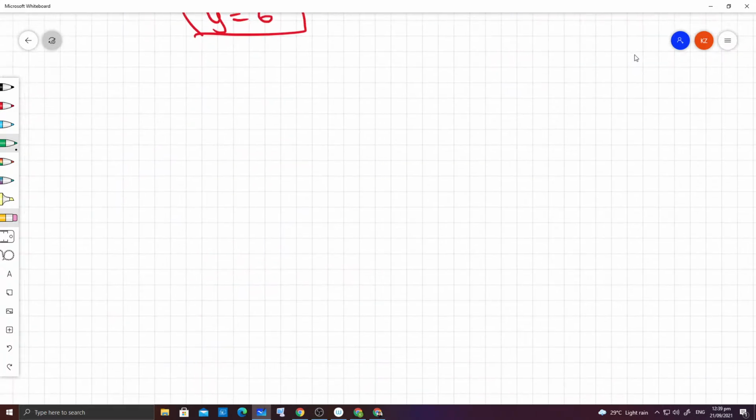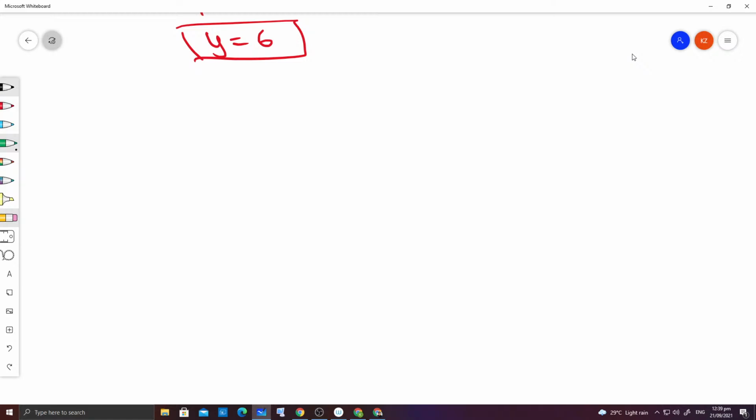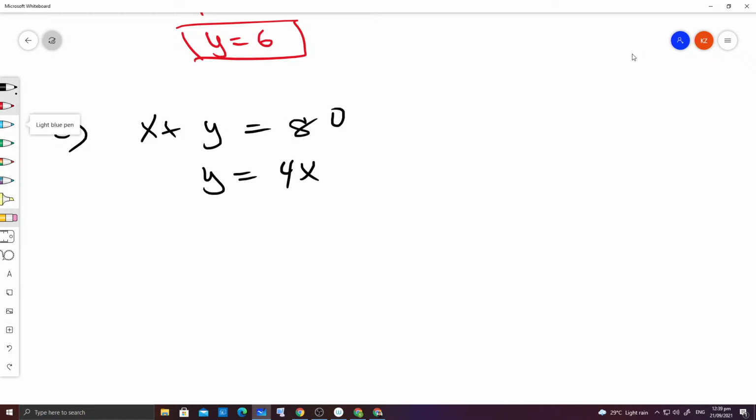Next, let's proceed to letter C. So x plus y is equal to 80, then y equals 4x. So equation number 1, equation number 2. Equation number 2 says that y equals 4x.